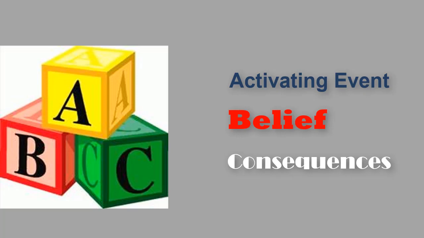Now, what happens if we add another letter to our ABC model and we add the letter D? Well, when we add the letter D, what we are doing is we are disputing our thinking. Our thinking may be irrational, it may be faulty, we might have stinking thoughts. And when we use the letter D, we're beginning to dispute our thinking.